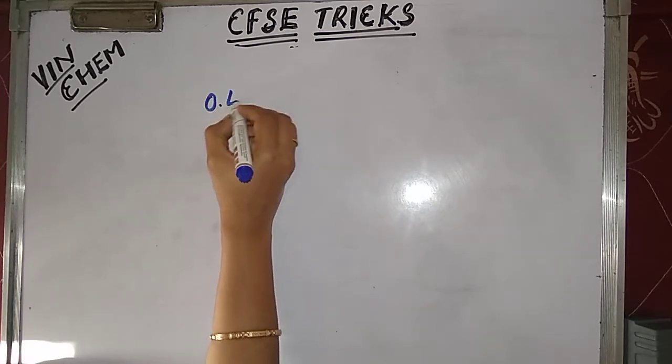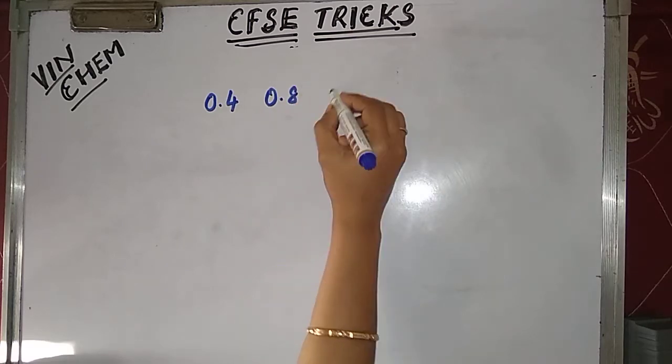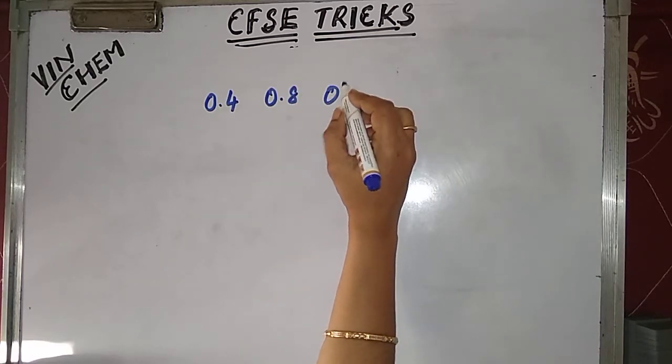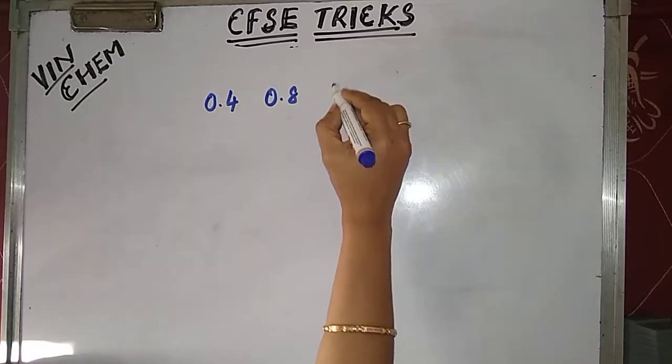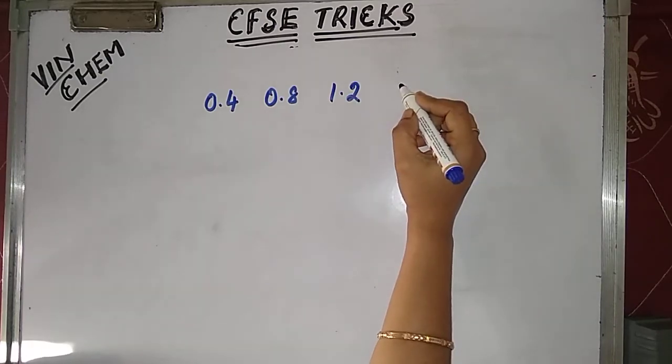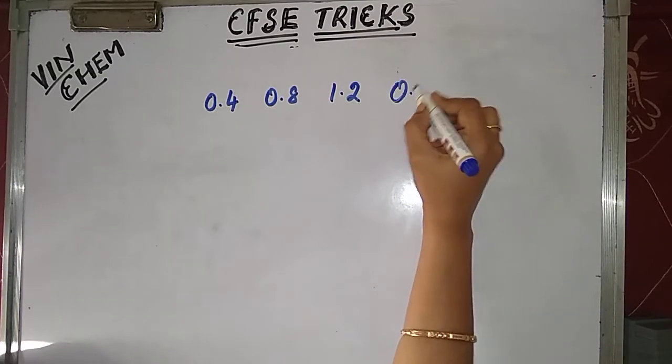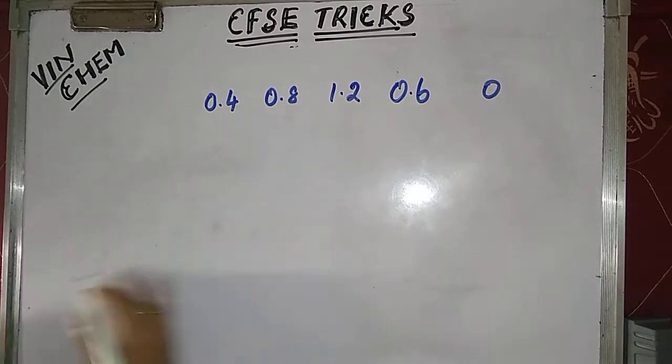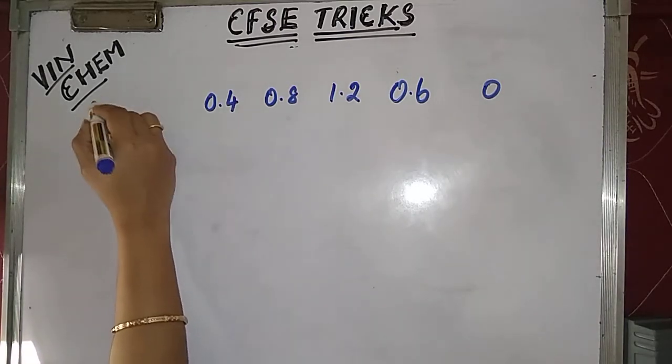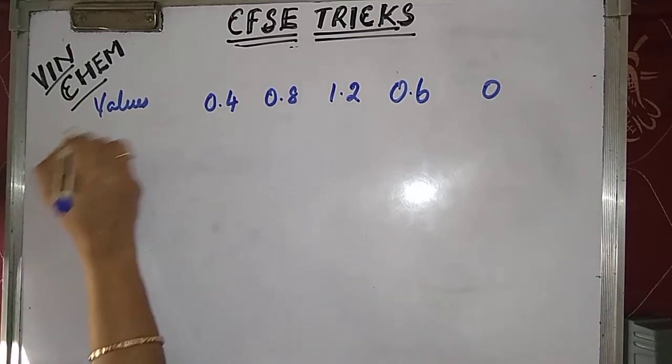4 1s are 4, 4 2s are 8, 4 3s are 12, 4 4s are 16. Instead of 16 you have to write 0.0. Okay, these are the values.